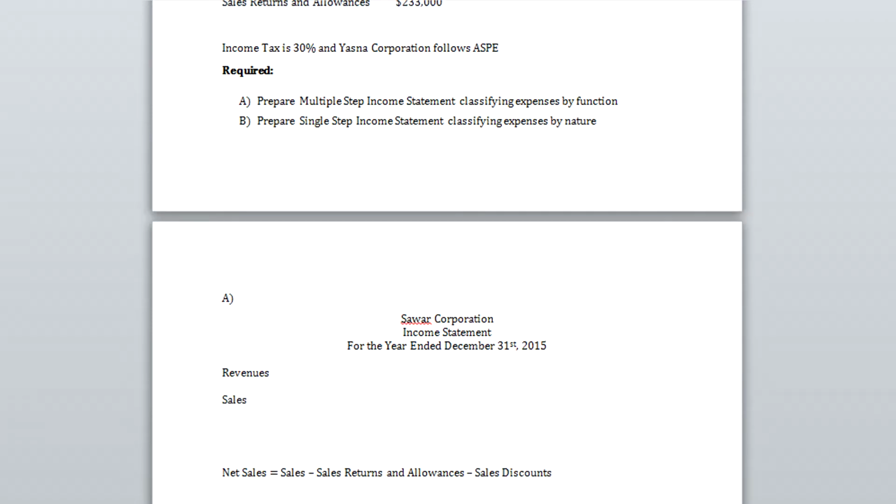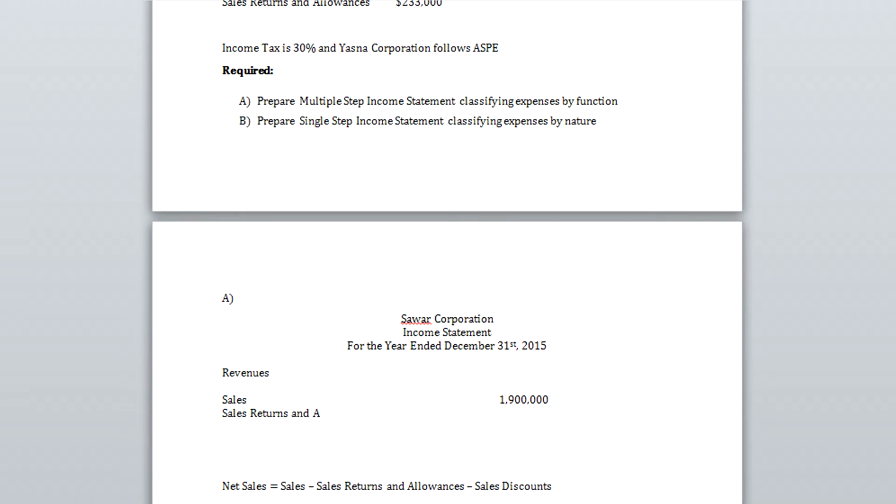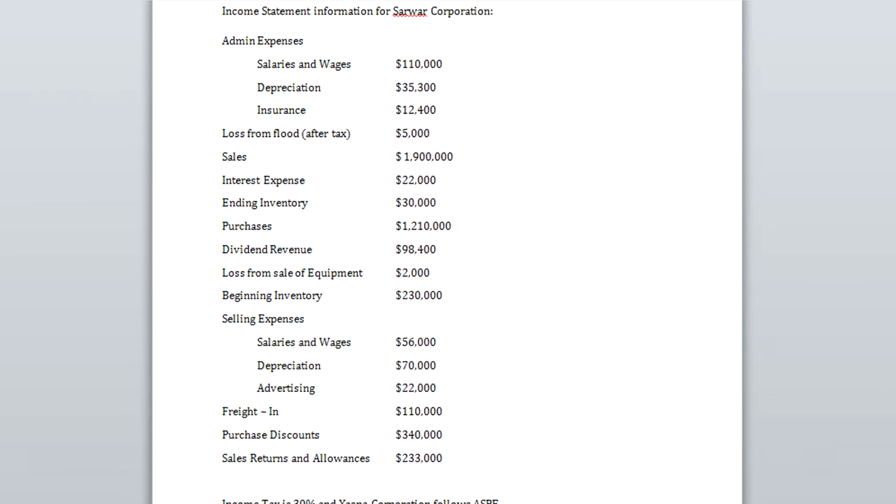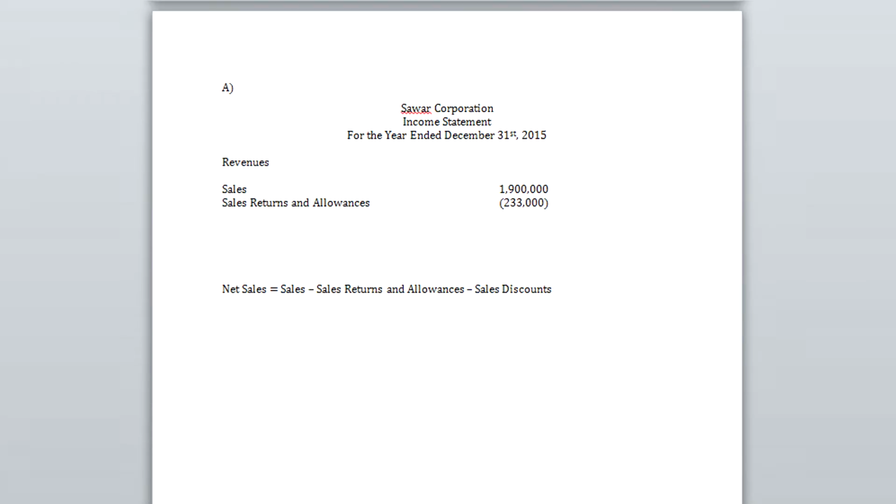Sales of 1.9 million. And then sales returns and allowances is $233,000. Okay? So as I mentioned, there seem to be no sales discounts. So from that, we can actually calculate our net sales. And I don't know why there's a space there.